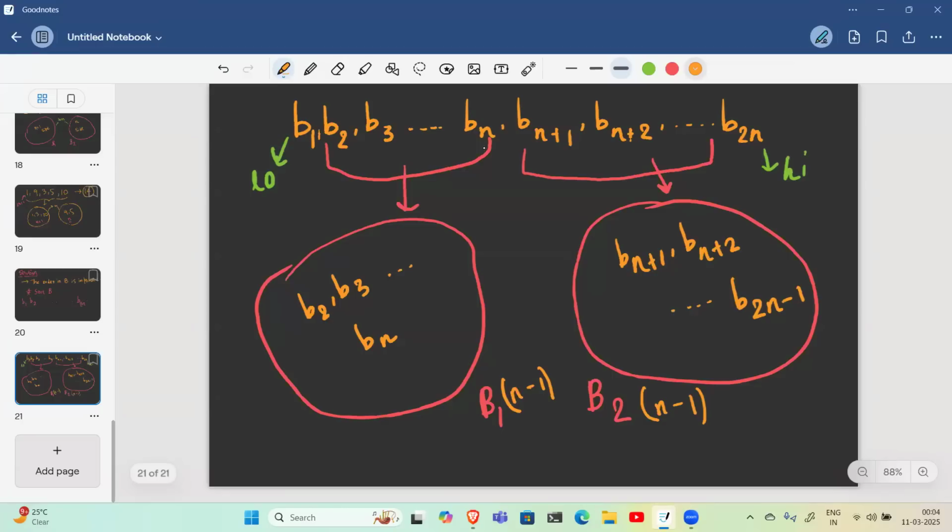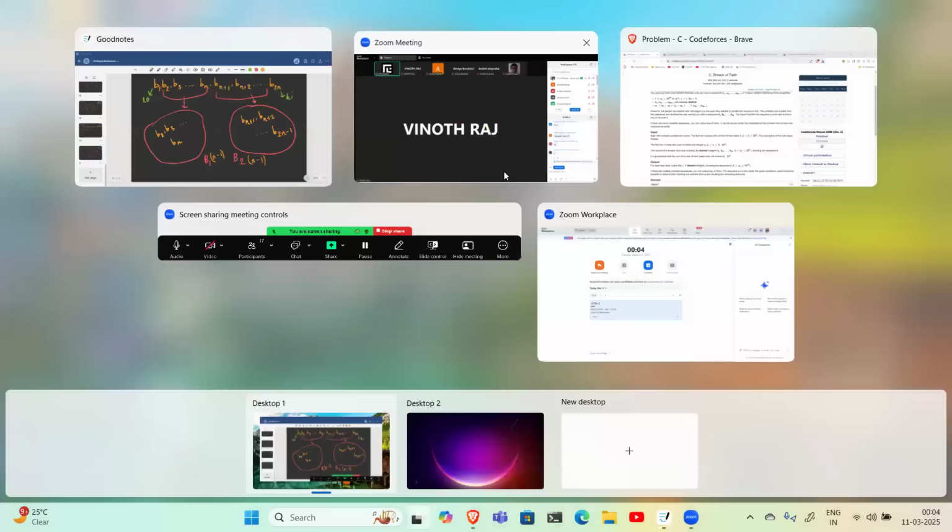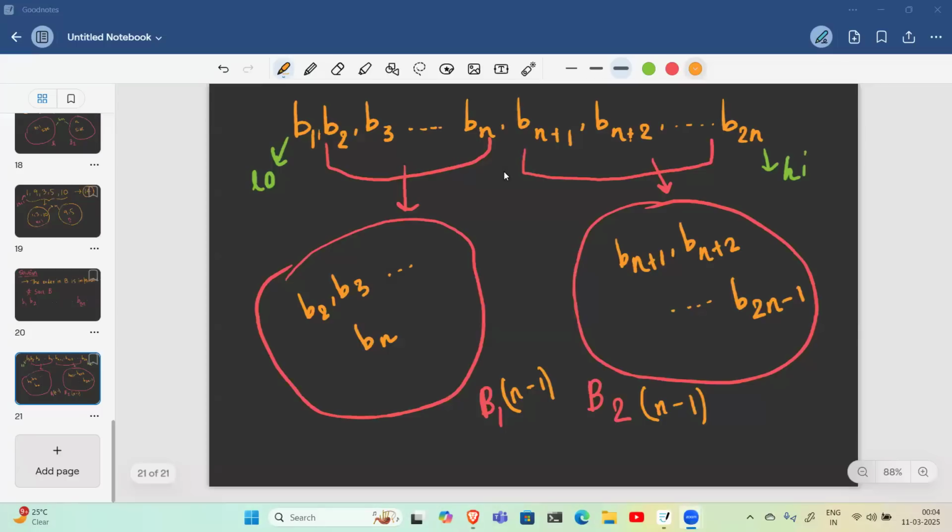Which one has a larger sum till this moment? Exactly, b2 has a larger sum because this was a sorted order. Bn plus 1 till b2n minus 1, all these integers were larger than b2, b3, and bn. So that means this should have a larger sum.